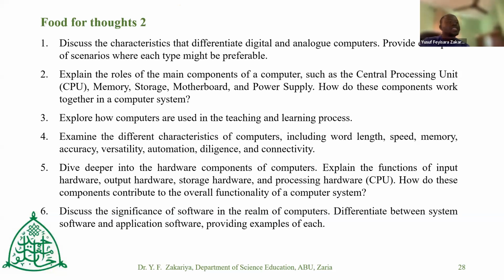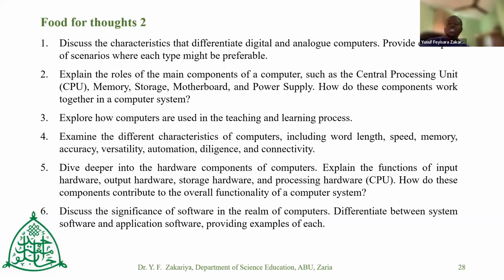Number 2, explain the roles of the main components of a computer. Now, this question is very specific because I have already given you examples of what I want you to explain, their roles. I want you to explain the roles of CPU, memory, storage, motherboard, and then power supply.